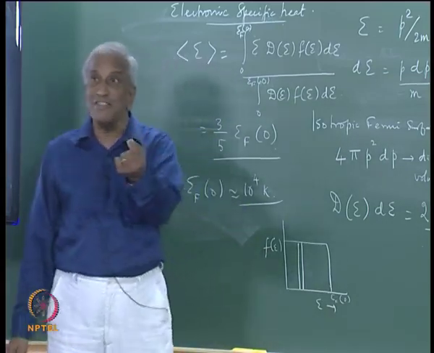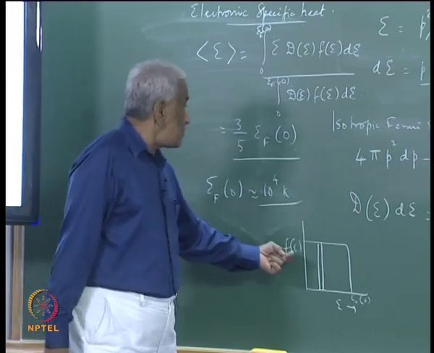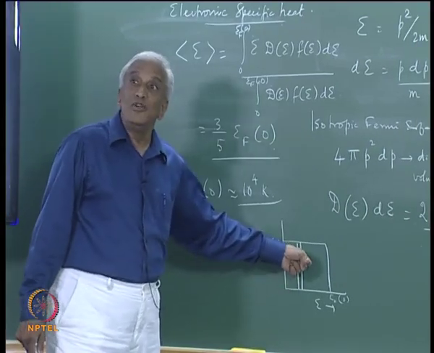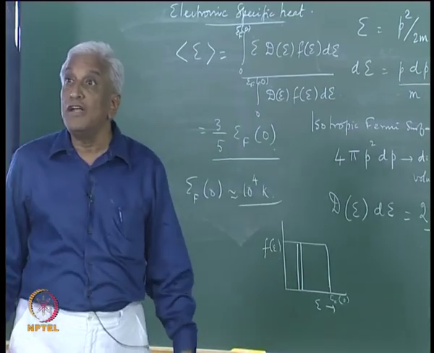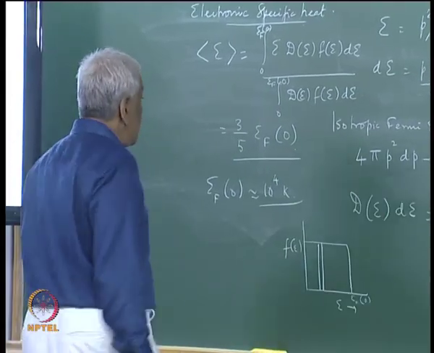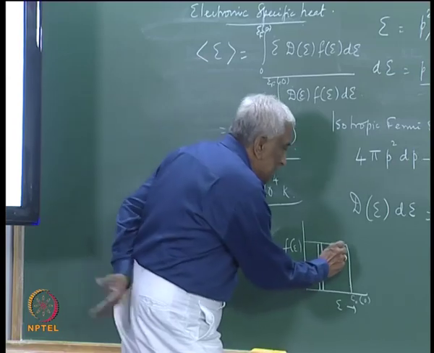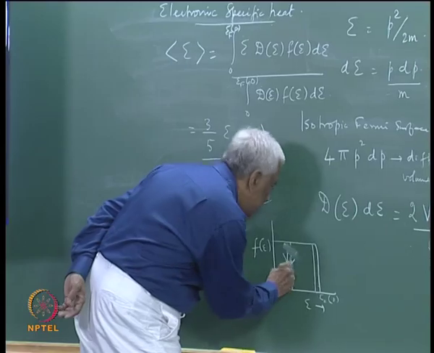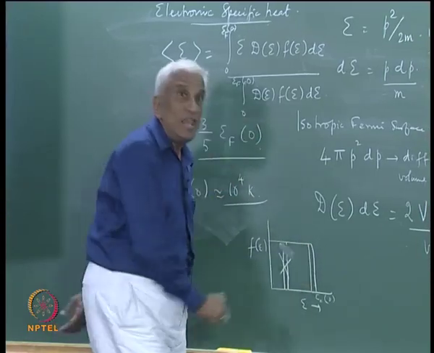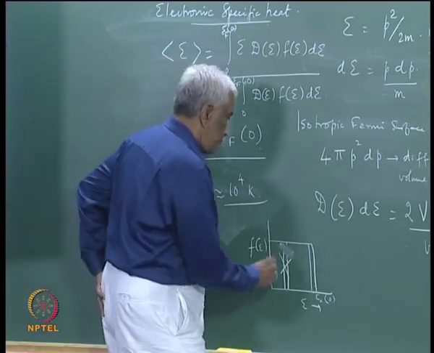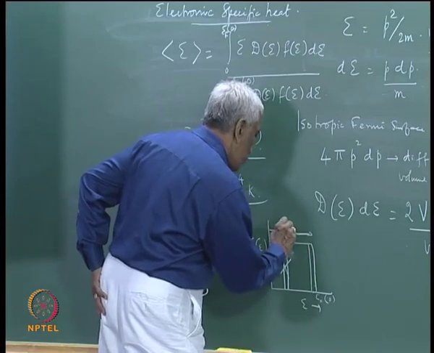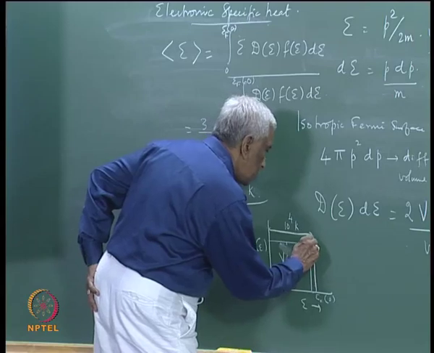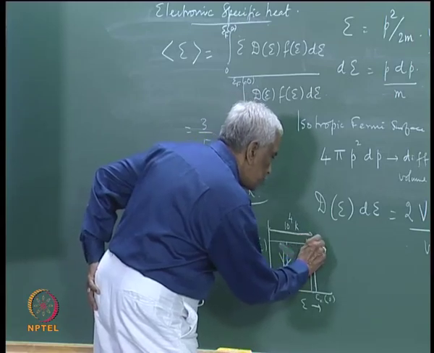Even though you give the excitation, the electrons cannot be excited from an occupied state into another occupied state, which is not empty. So, thermal excitation is only possible at this edge, here. This is of the order of 10 to the power 4 Kelvin, and this is of the order of 10 square.